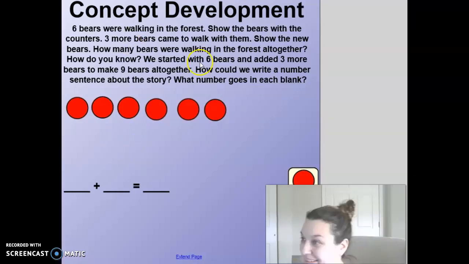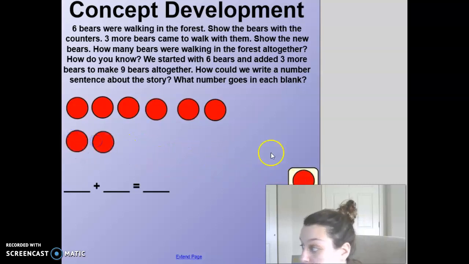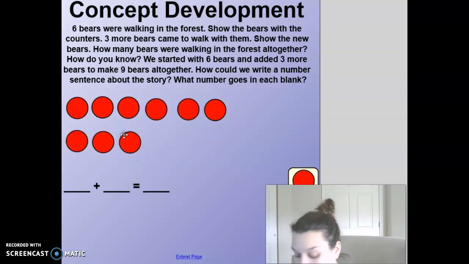Go ahead. Very good. Okay, now our story gets better. It says 3 more bears came to walk with them. Let's add 3 more. If you're drawing bears, draw 3 more bears. If you're drawing shapes, draw 3 more shapes. I just added 3 more counters.